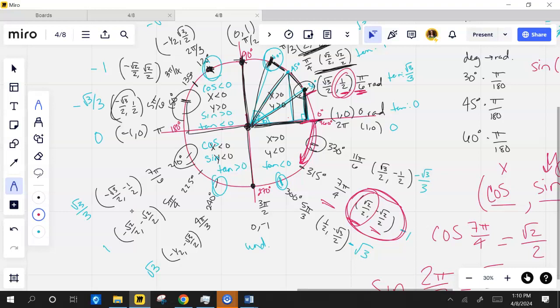How about the cosine of 3 pi over 2? Close. 3 pi over 2. Cosine. And that's it.